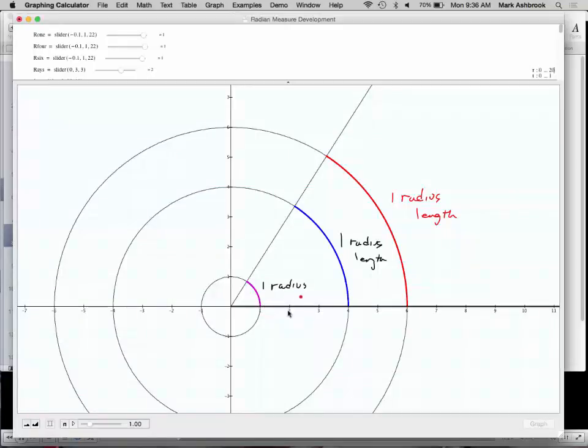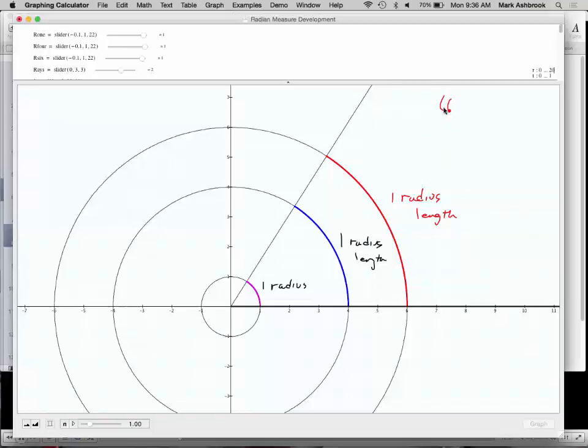So this particular angle cuts off one radius length no matter what circle you look at, a really small circle or a really large circle. This amount of openness will always cut off one radius length.